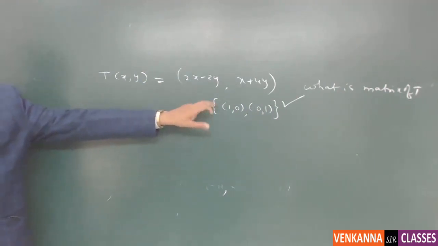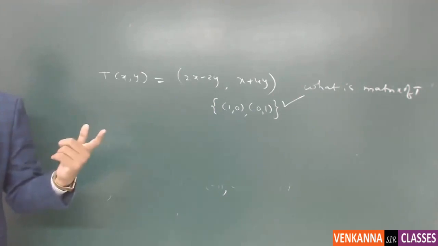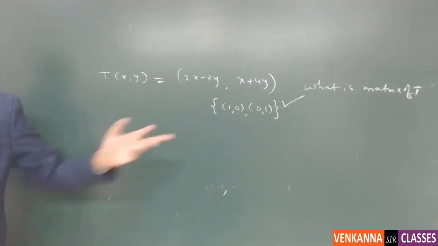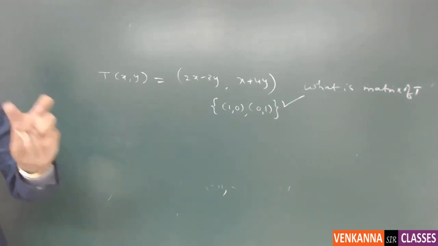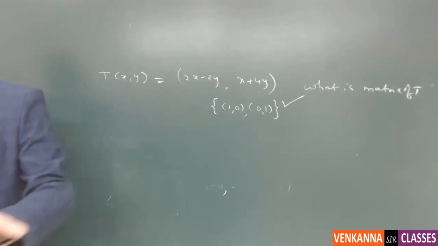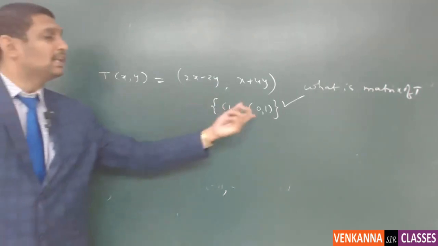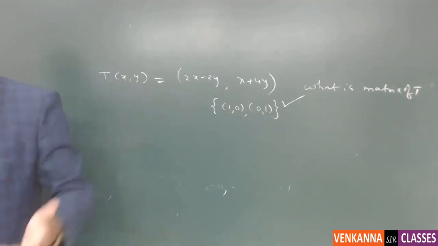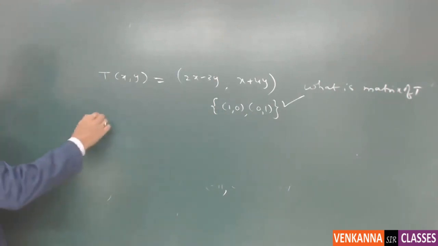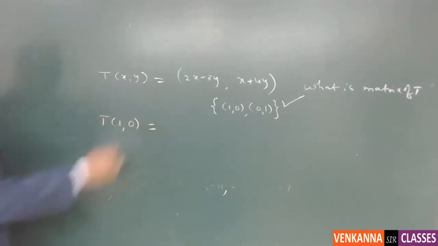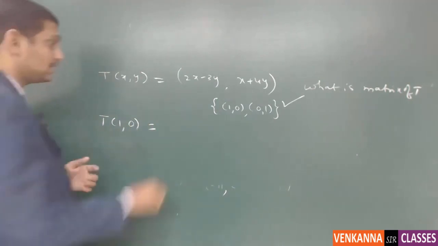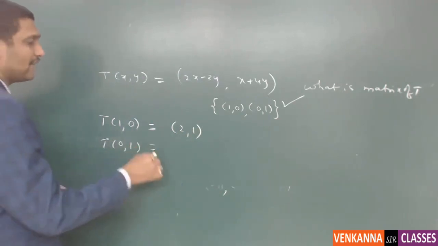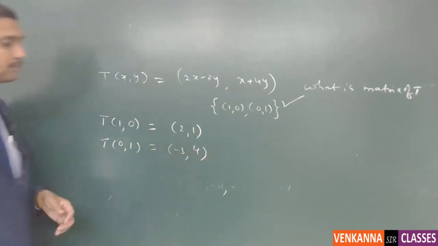Since it is a standard basis, there is no need to do the linear combination, the first step in the procedure, because whenever you take a standard basis, the image values are nothing but the linear combination scalars, as you are writing the combination of ones and zeros. There is no need to calculate the scalars separately. So T of (1,0), from the definition of T, is (2,1), and T of (0,1) is (-3,4).